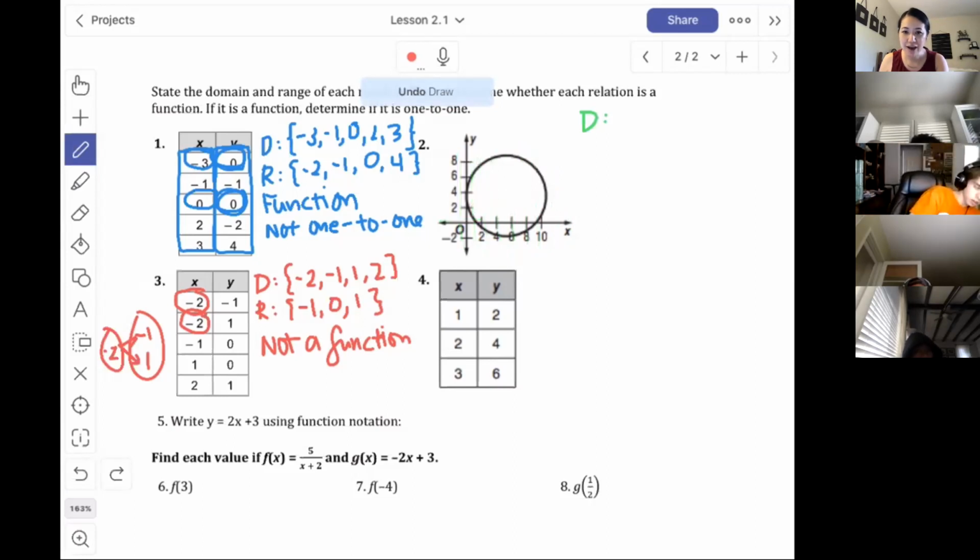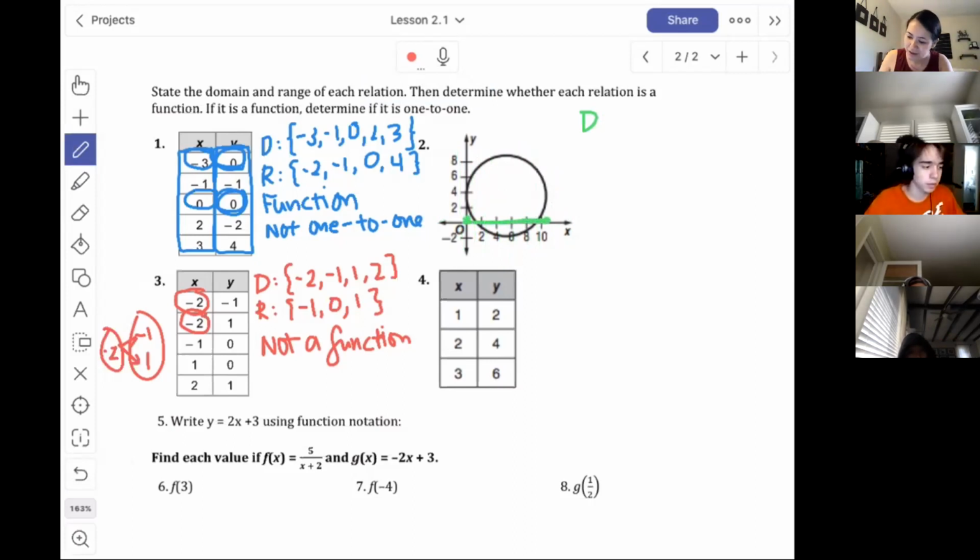So I have graph starting at 0 all the way until 10. That's where I hit graph as I scan horizontally, okay? So I have anything from 0 to 10. So 0 less than or equal to x, less than or equal to 10.